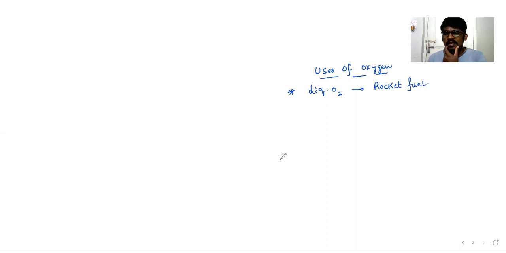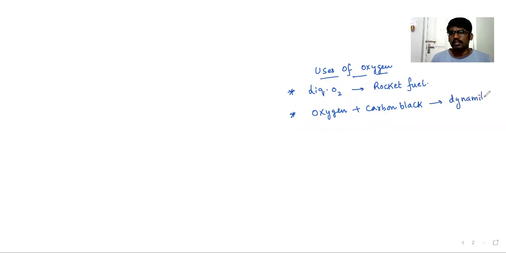As well as oxygen mixed with carbon black, used as dynamite in coal mines. And as well as oxygen, if it is mixed with helium, it is used in artificial respiration.